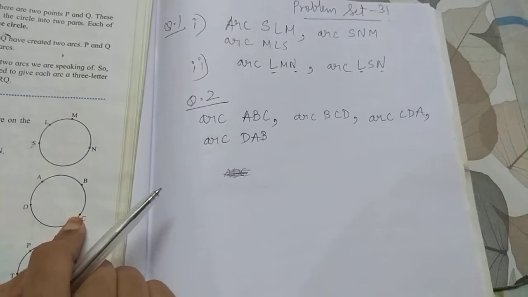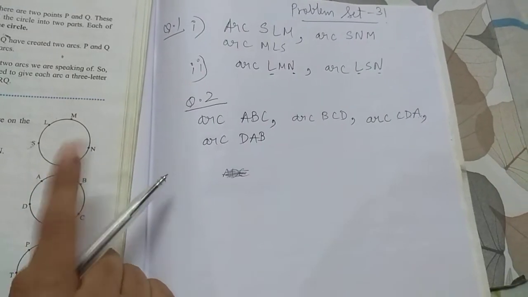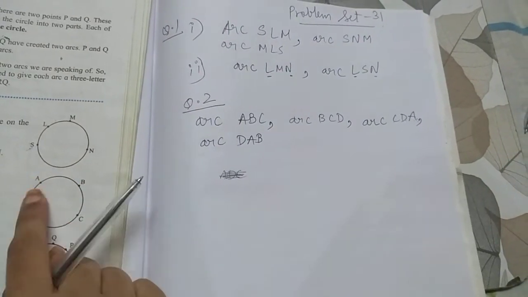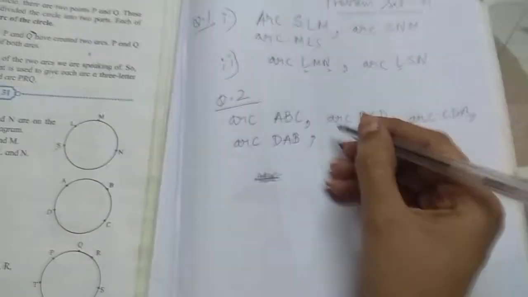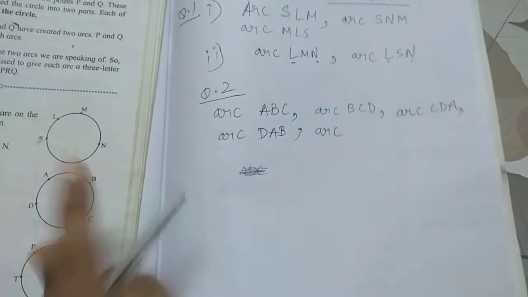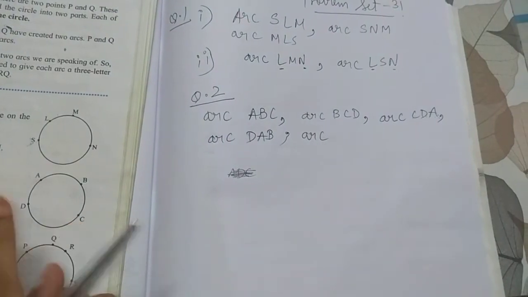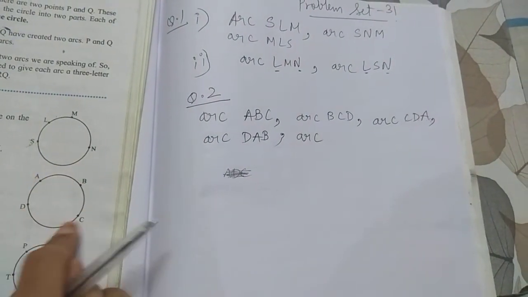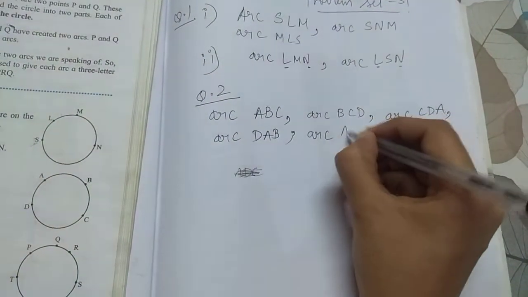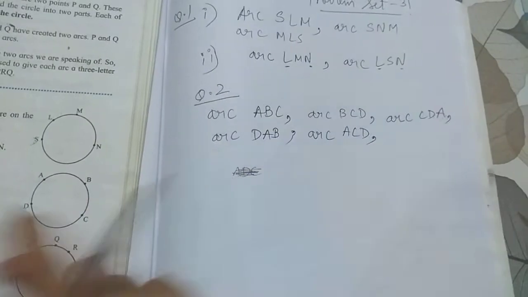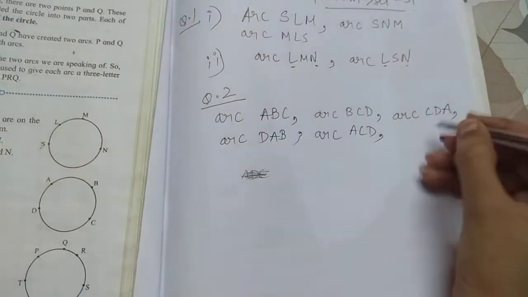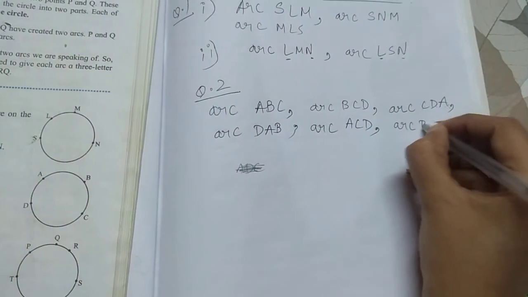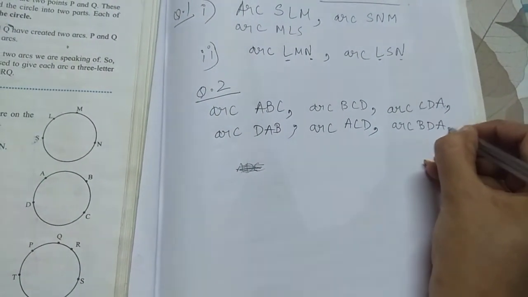Now ABC, we can skip this and we can write ACD. We can skip one letter now. Again starting with A, skipping B, I will be directly going on to C. So arc ACD. Coming on to B, skipping C, then considering DA, so arc BDA.